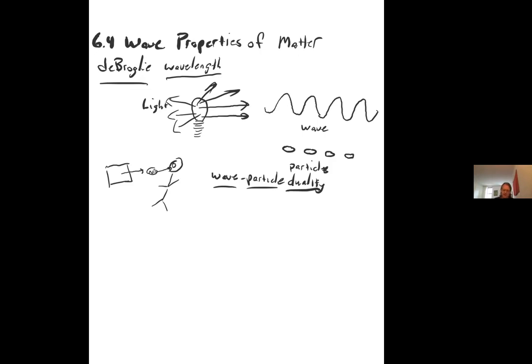Now, what de Broglie said was, imagine if subatomic particles were the same way. Imagine if electrons or protons were not just particles, but they were also waves. So maybe they exhibit this wave-particle duality. And initially what people said was, that's ridiculous.